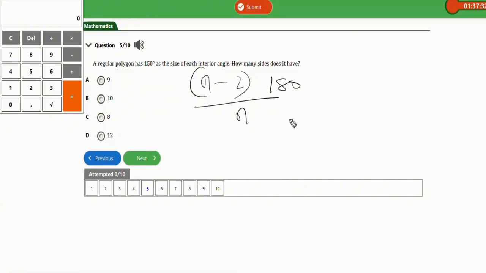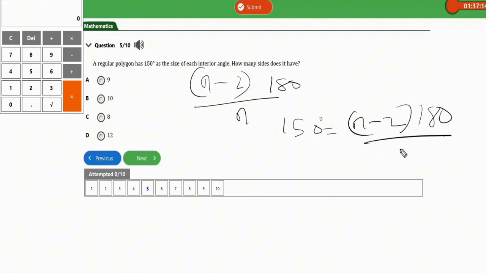So this will give us 150 degrees equals, now we are looking for the number of sides. How many sides does it have? n stands for the number of sides. So this will give us (n minus 2) times 180, over n.